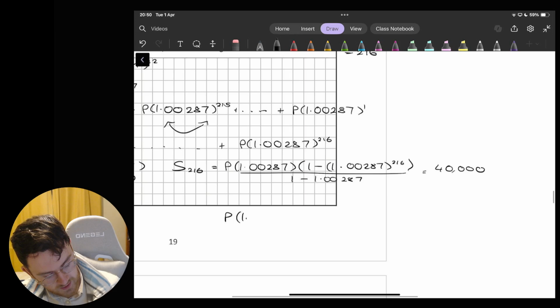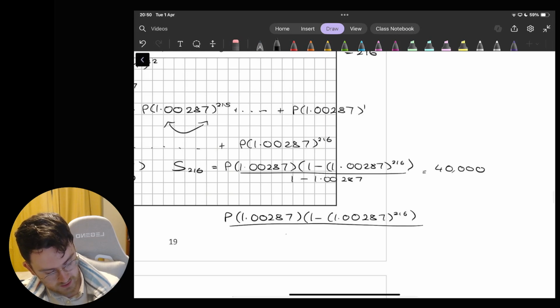So I'm going to maybe keep some of these values because I'm always conscious of decimals. I'm working them out too soon, and my calculator will do a lot of this calculation for me. 0.00287 equal to 40,000.